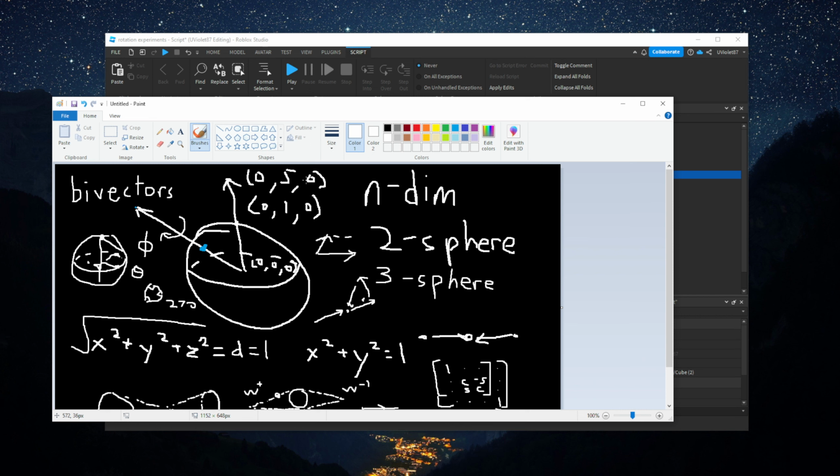What can I give as an example? Let's say if you had a 3, of course it'd be pointing in a different direction. No, I'm not doing this right.